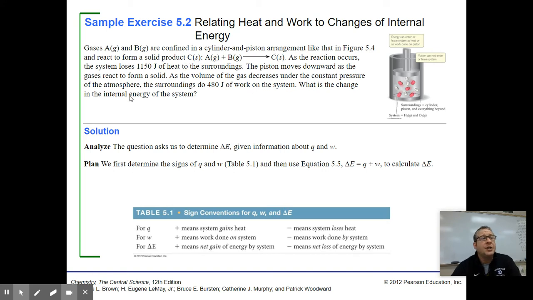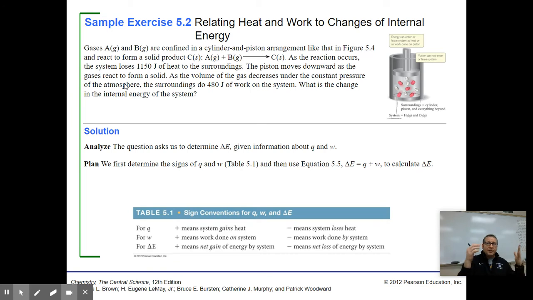As the reaction occurs, the system loses 1,150 joules, again, joules is our unit for energy, to the surroundings. The piston moves downward as the gases react to form a solid. As the volume of the gas decreases under the constant pressure of the atmosphere, the surroundings do 480 joules of work on the system. What is the change of internal energy?